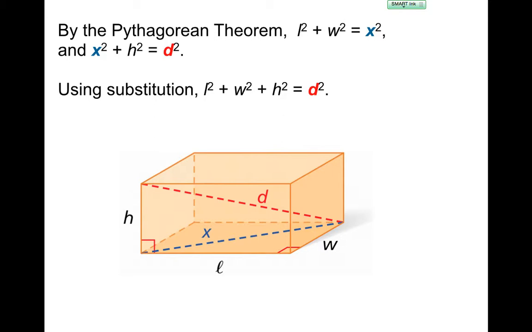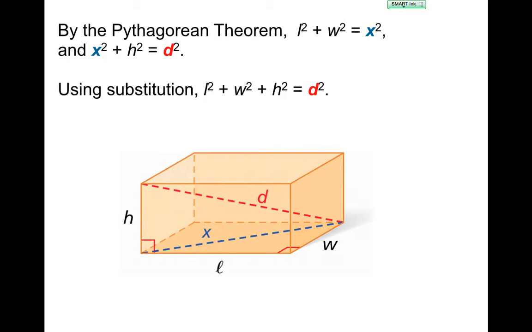Then if you use that length and go perpendicular up, that forms a right angle, and the diagonal you're interested in would be the hypotenuse. The x, the h, and the d make another right triangle. So you could find this diagonal length using the Pythagorean theorem twice.